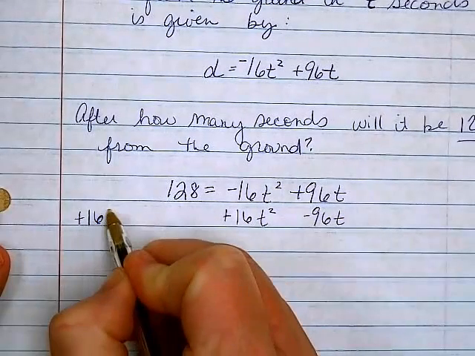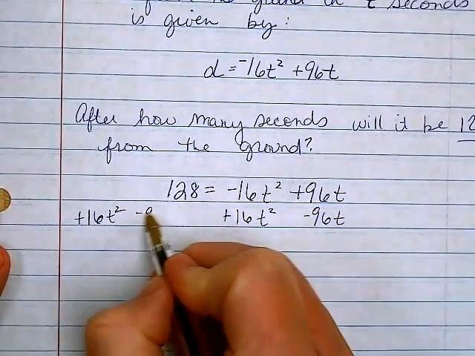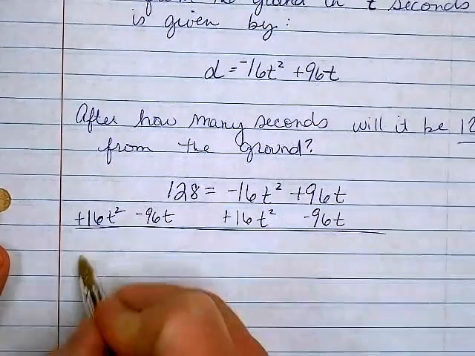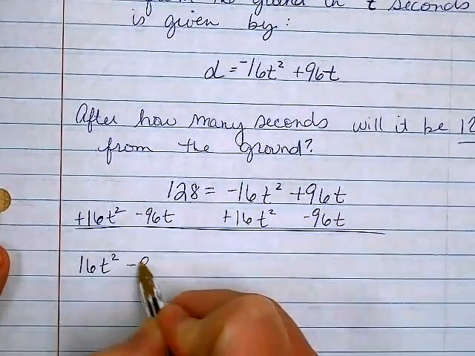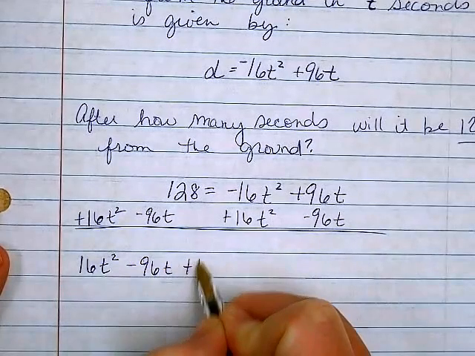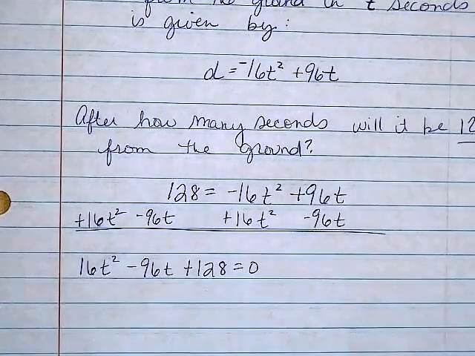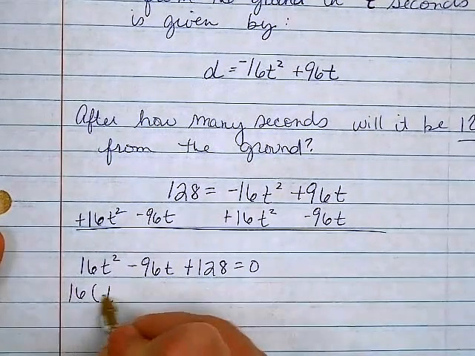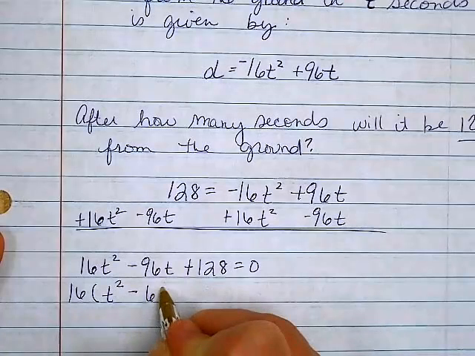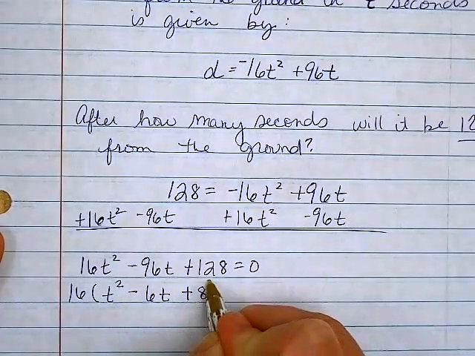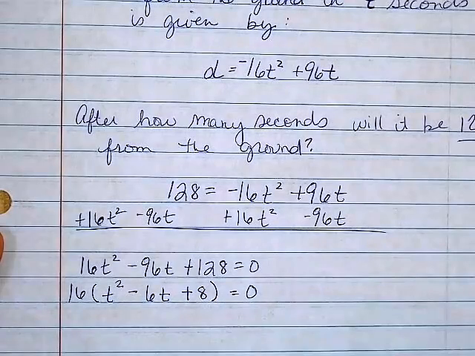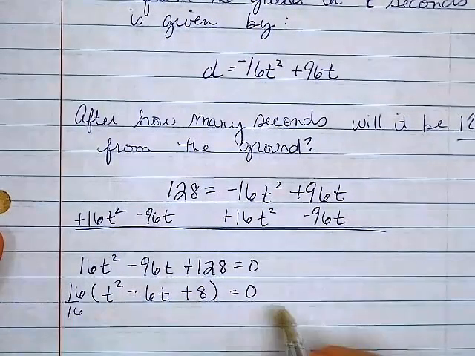So this says 16t squared minus 96t plus 128 equals 0. We can factor a 16 out of all of those, and it drops it to t squared minus 6t plus 8 equals 0. You can divide both sides by 16.